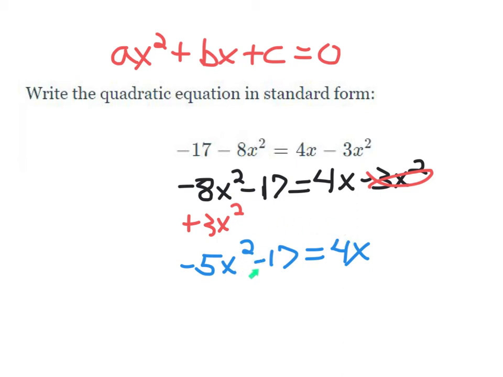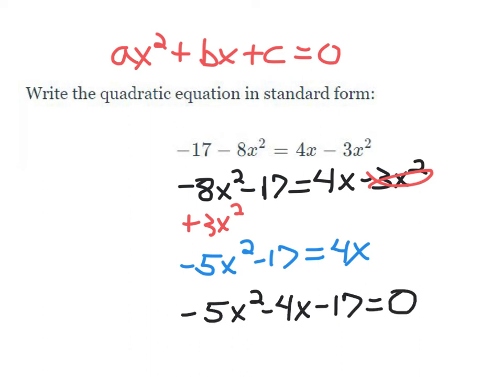But notice there's no x to subtract it from, so we will just bring it over and it would become negative 4x. So then we could just rewrite our answer as negative 5x squared minus 4x minus 17 equals 0.